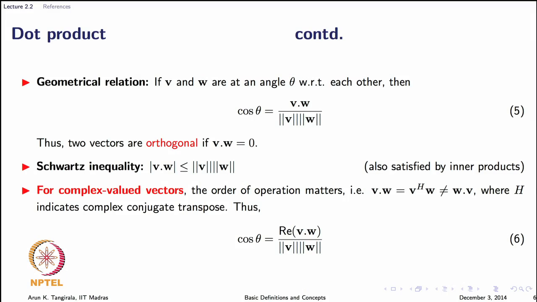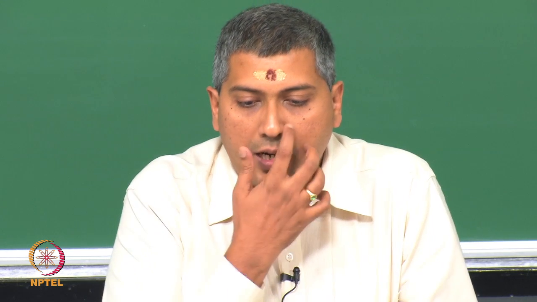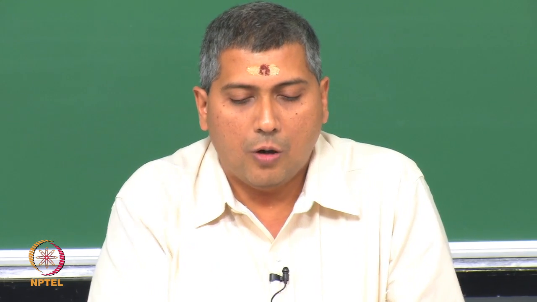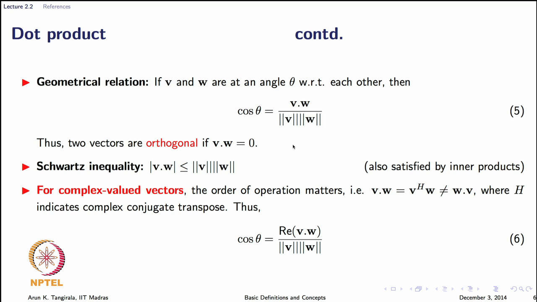Now further insights into the dot product. Earlier we saw the linear algebra perspective. Now the geometrical definition of the dot product can also be obtained. You can show that the dot product is nothing but the magnitude of v times magnitude of w, that is the length of v times length of w times cosine theta.